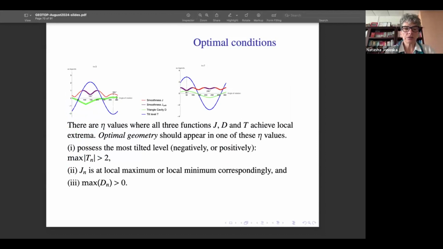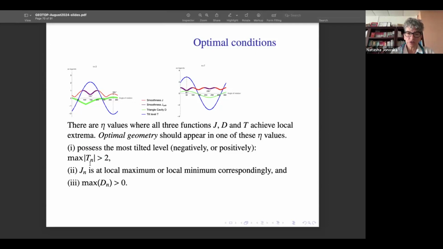So the highest tilt with positive cavity and a very sharp smoothness is in here. And for n equals 7, we have the highest tilt in the opposite direction with positive cavity, but very smooth connection. So those are the mathematical properties that we have to have in order to get the triangle.